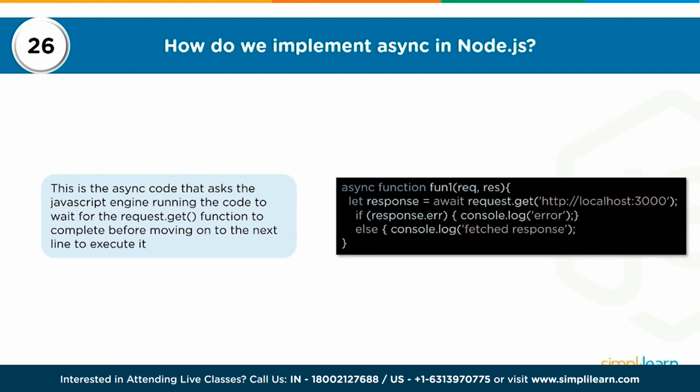Then depending on what we get, if there's an error message, then we'll have the error message go to the console log, which is the terminal window. And if we get a response from the application, then we'll get a positive response, which would be the fetched response. So again, it's very quick and easy to use the async function to build out your asynchronous code.